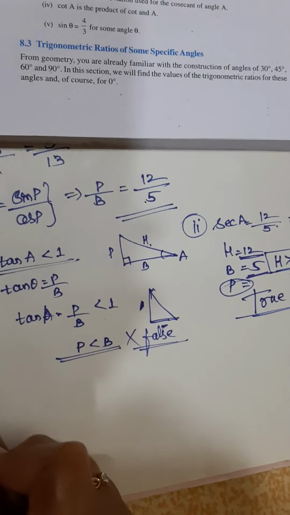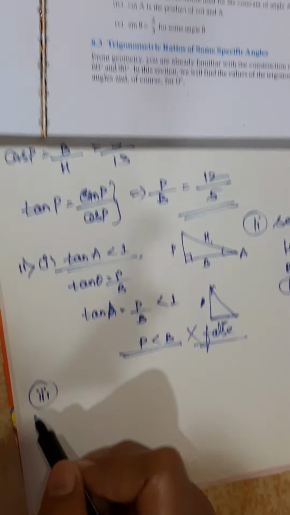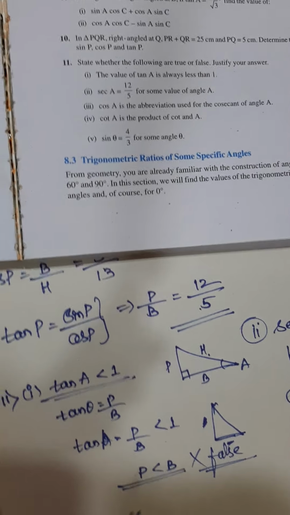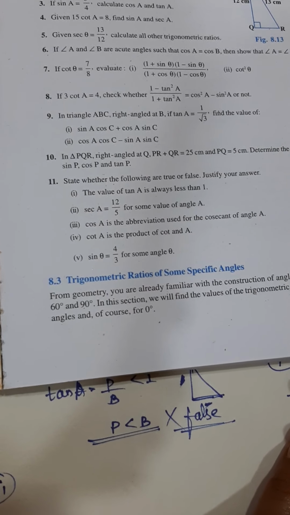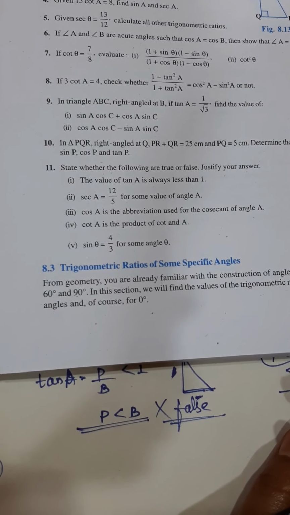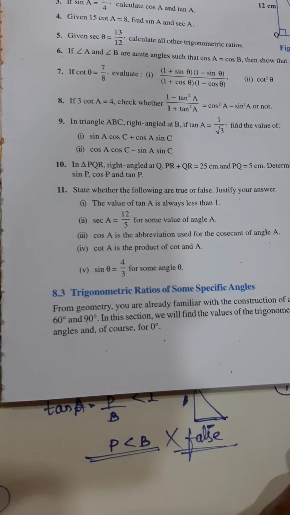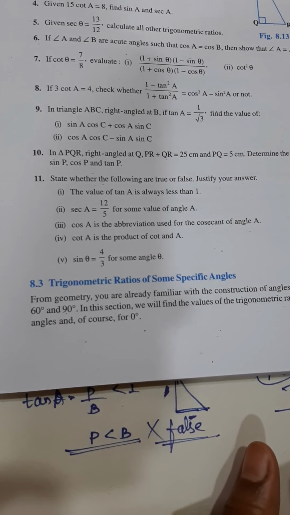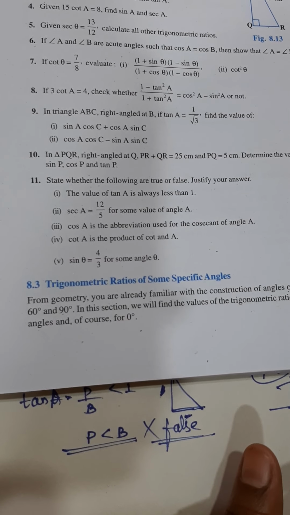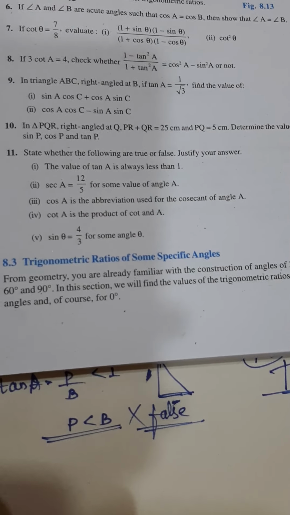Let's see our third one. The question is: cos A is the abbreviation used for cosecant of angle A. This statement is wrong. By seeing this only we can understand.